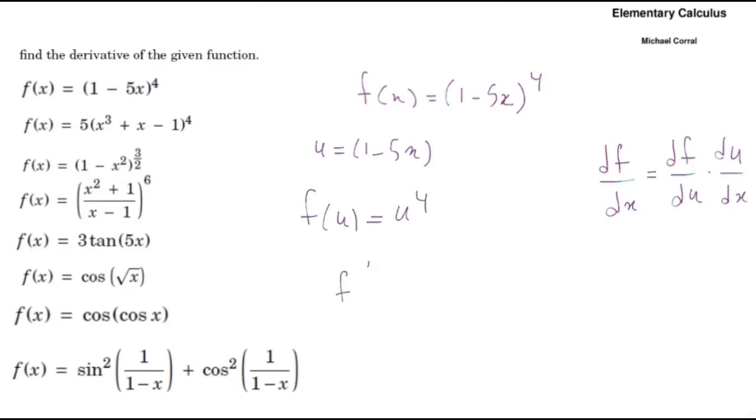So f prime of x equals df with respect to u, which is 4 times u cubed, times du with respect to x, which is minus 5, so the final result is negative 20 u cubed.